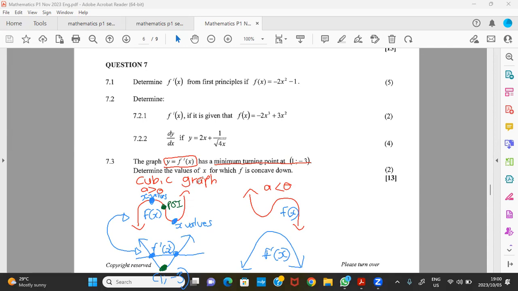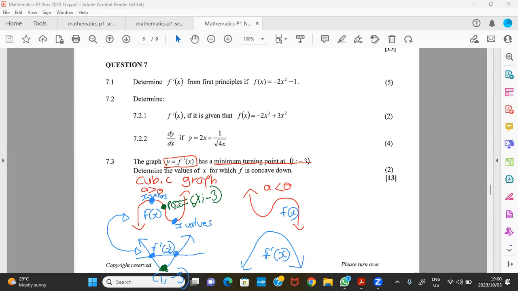So if they're saying determine the values of x for which f, which is this original graph, will be concave down: my turning point on the derivative is (1, -3), so my point of inflection will be at x equals 1, because the turning point in my derivative is my point of inflection in the original.